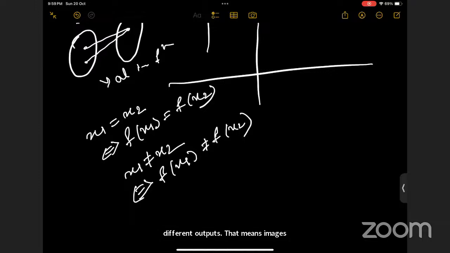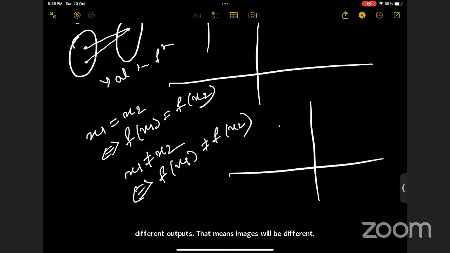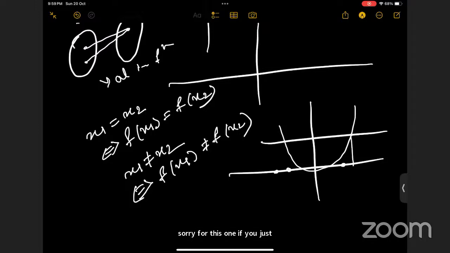Graphically, suppose we have a parabola like this. For this point and for this point, this is the image value. So this is the image for this point, and for this point also we find the same image.